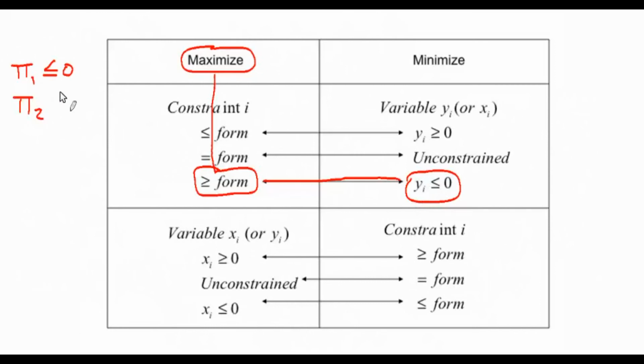It's less than or equal to 0. Now, mu is associated with an equality constraint in the primal. Okay, so we go over there. We get an unconstrained. So mu is unconstrained, or in my terminology, UNR for unrestricted. So those are the sign restrictions on pi 1, pi 2, and mu.